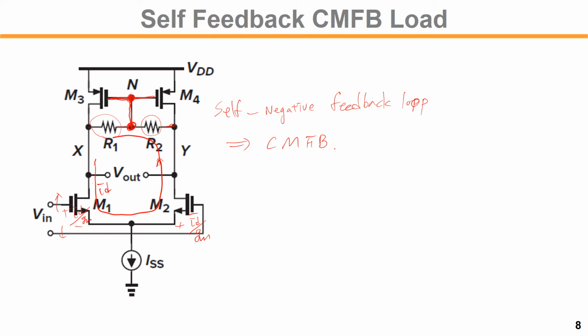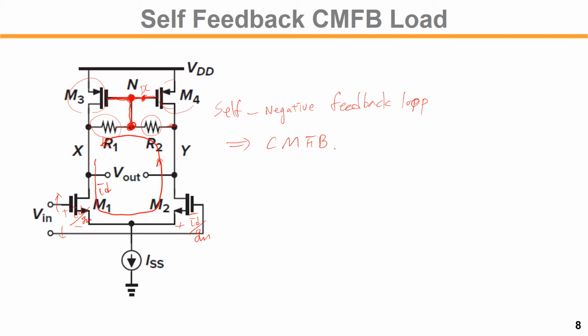That current will flow through R1 and R2, because R4 and R3 are just current sources. A DC voltage is applied by the output common mode, so that would be open loop in AC analysis.